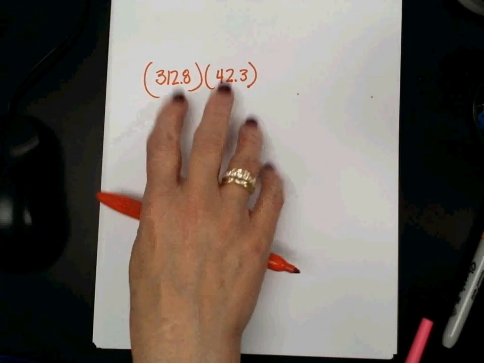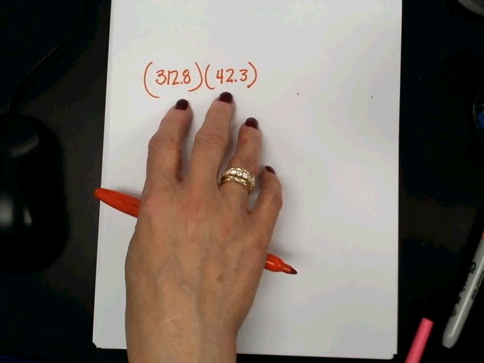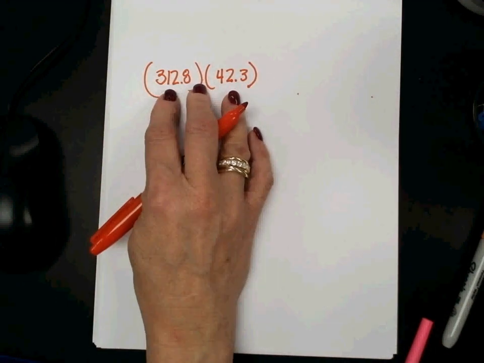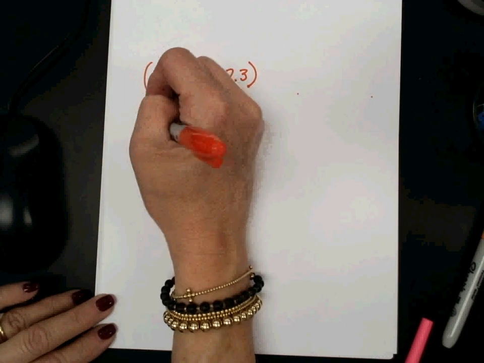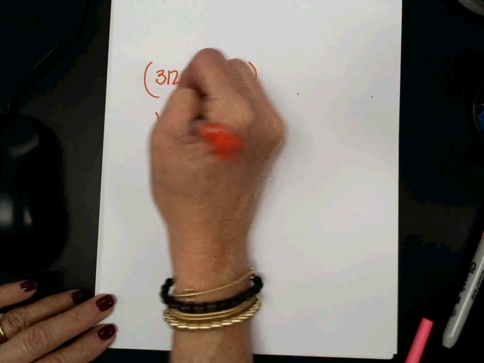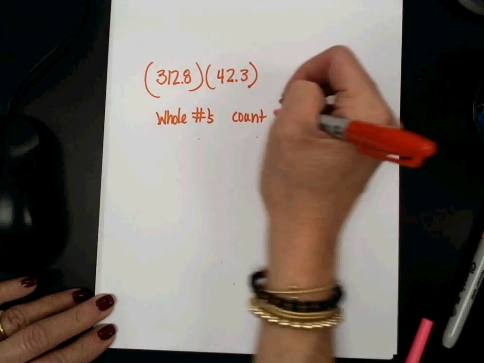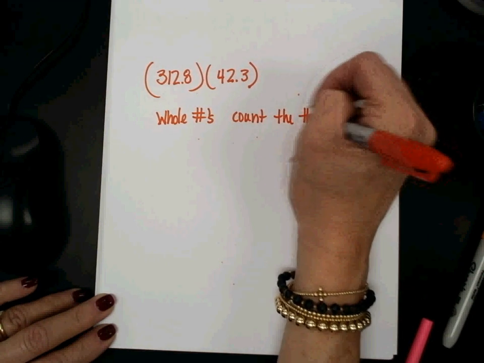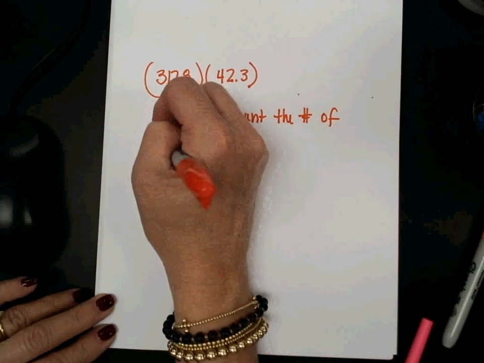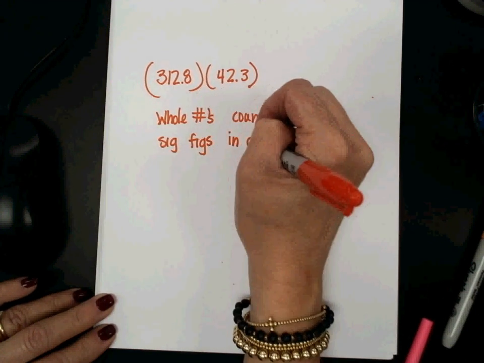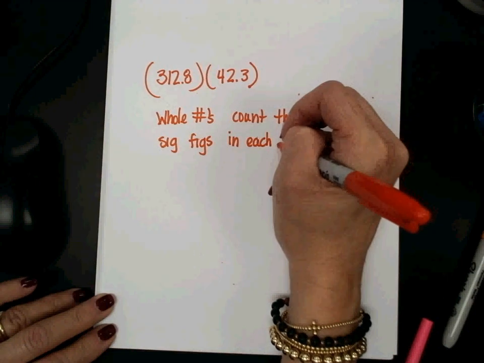Okay. Here's my question for you. Did we do any like this, or did I only show? Okay, so let me show you these. When you have ones like these, and not any scientific notation involved, I'm going to call these whole numbers. You count the number of sig figs in each.